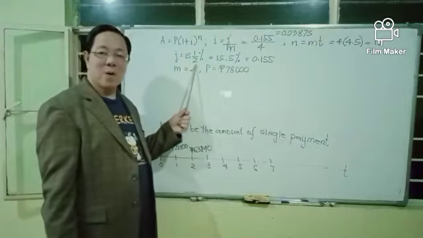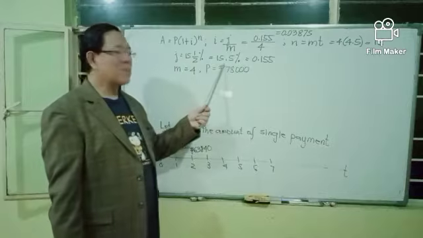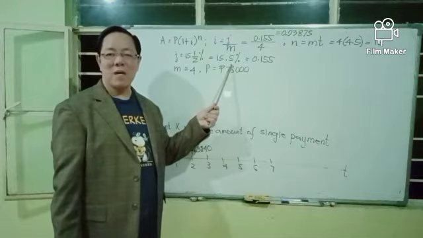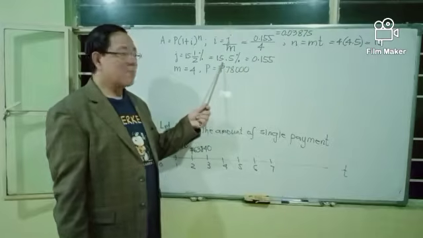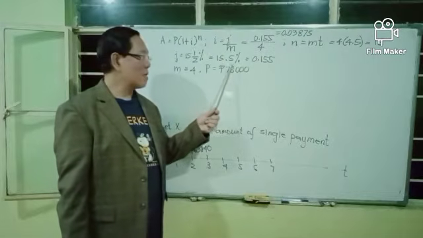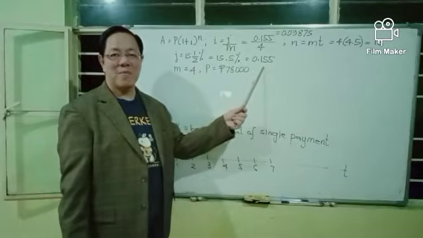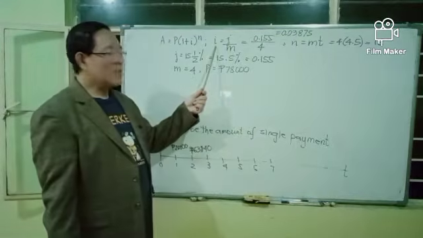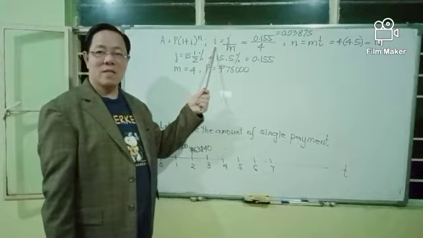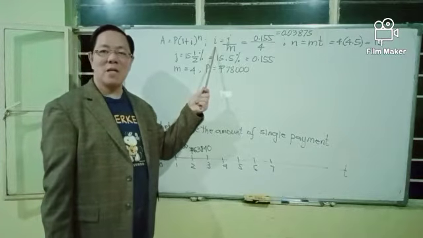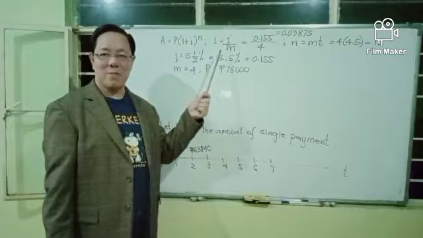And 15.5 is still in percentage, so we divide it by 100. 15.5 divided by 100 is 0.155. And so the interest rate per 3 months, in this third obligation, the interest will be computed every 3 months.